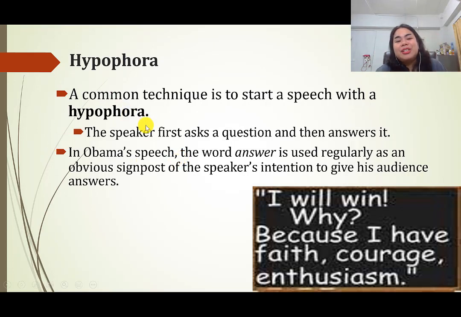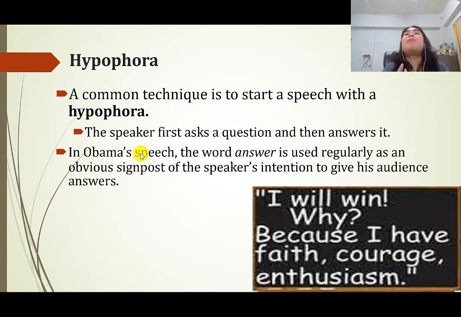And you can find this sometimes, most of the time, not in dialogues, okay? If it's in a dialogue, it means you ask and then the other person answers. So it's actually in a monologue that you find hypophora. A monologue is a speech that you give by yourself without anyone interacting with you.